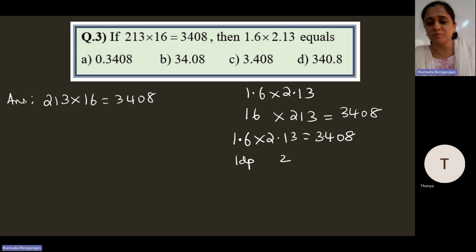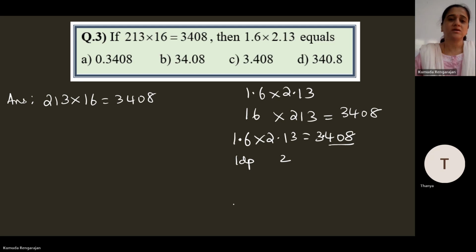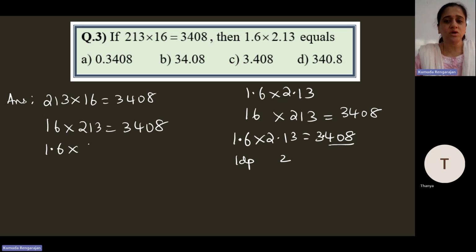So you need to place a decimal point in the product so that there are 3 digits after the decimal point. You don't have to multiply here. Since we are given 213 into 16 is 3408, 16 into 213 is also 3408. Therefore 1.6 into 2.13 is equal to 3.408.